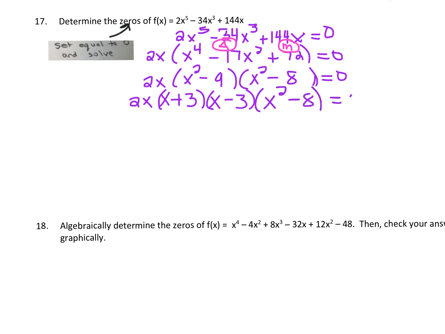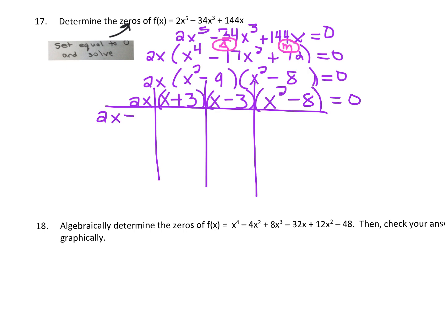All right, now that we're fully factored, let's make a t-chart and solve. Okay, so if I take this first factor and set it equal to 0, I'm sure a lot of you could just say in your head, well, 2 times what gives you 0? 0, so x has to be 0. If you want to show the work, you could show that to get the x by itself, we divide both sides by 2.